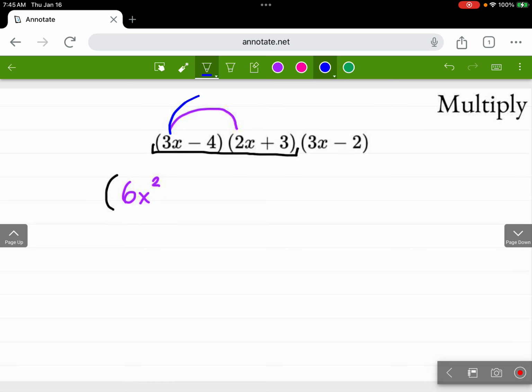Then we're going to take our 3x times 3. 9x, good. Here's some of us starting to wake up. I love it. And we have our minus 4 times 2x. And our minus 4 times 3.